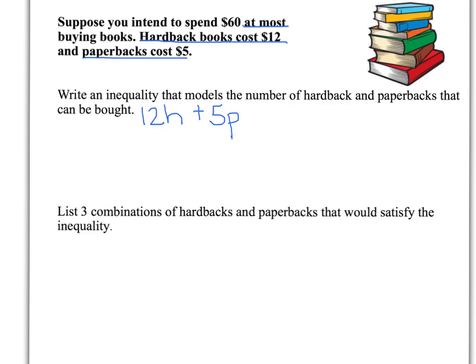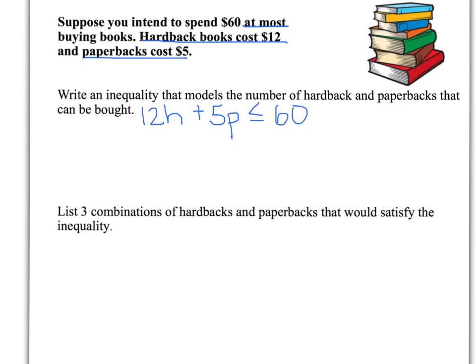So I'm going to use the less than or equal to symbol in my inequality. And it's going to be less than or equal to 60. That means the amount that I spend on my books could be $12, it could be $35, or since it's less than or equal to, it could also be $60.